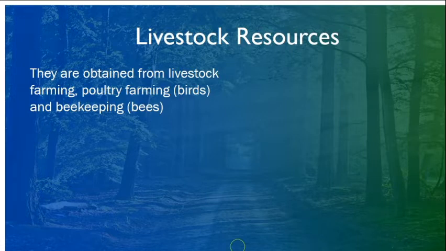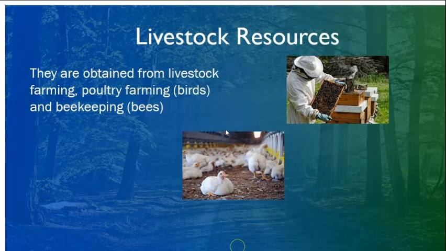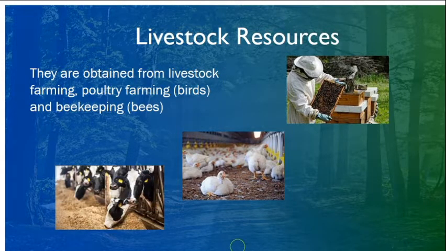We have also the poultry farming, which is the farming of birds, and finally the one that we can see over here, which is the beekeeping, which is the farming of bees. As we see right here, this is the poultry farming, the farming of birds. They raise birds, and finally the raising of farm animals such as cows, sheep, horses, etc., which is the livestock farming. Okay, so let's continue.